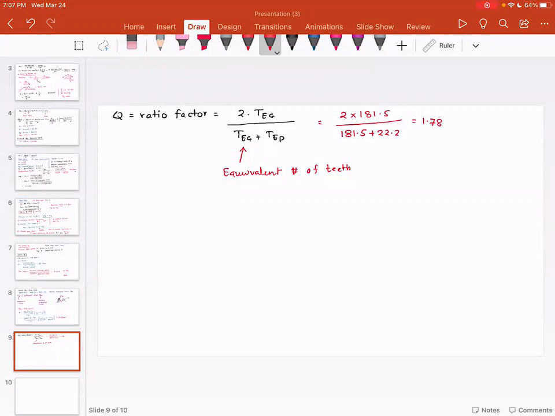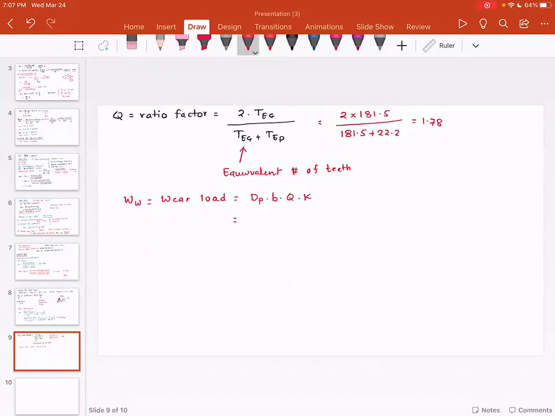And with this, we should be able to find out the value of WW, which is wear load. The wear load is given as dP, B, Q, and K, where dP is the diameter of the pinion, and we know the diameter of the pinion is 105.